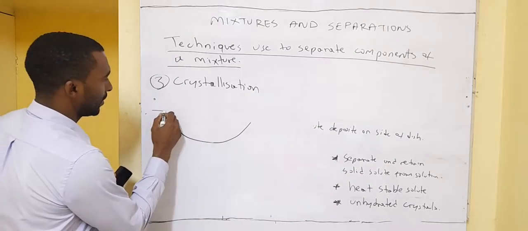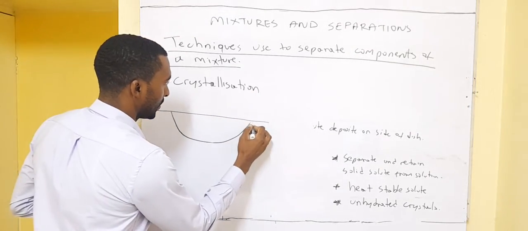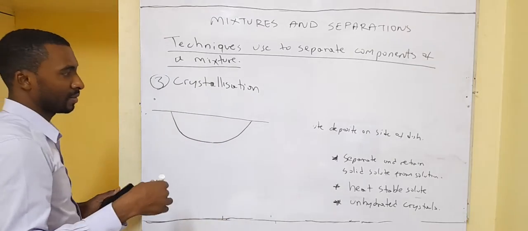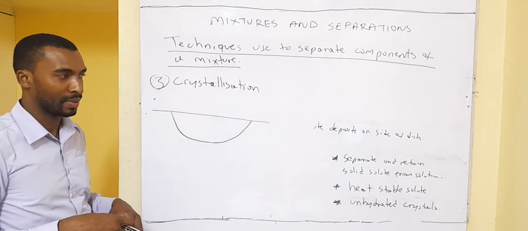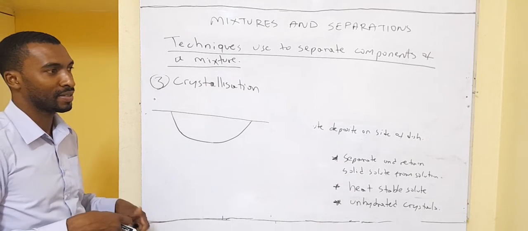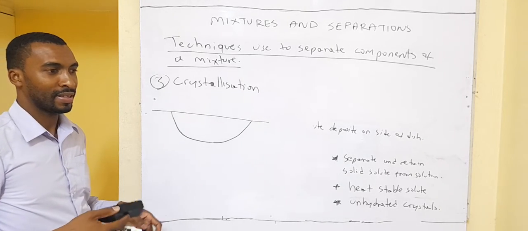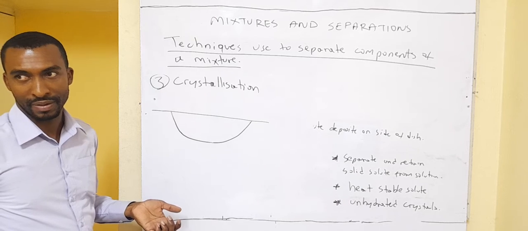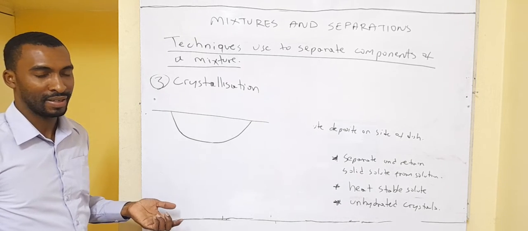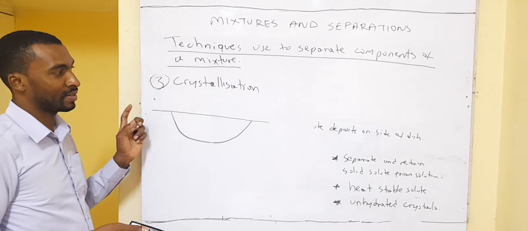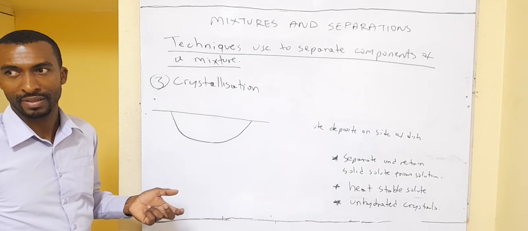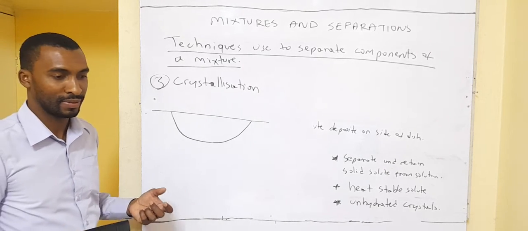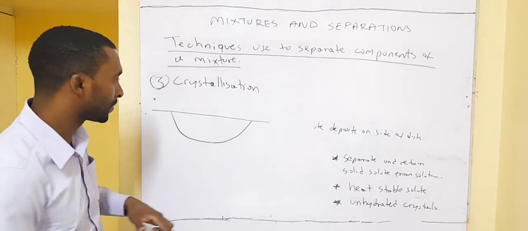Then I'll put a filter paper on top to prevent dust or any impurities from going inside. Because crystallization is a slow process, some crystals take months to form, while some will form in a day or two. In general, some crystals will take even two to three months. It varies from a day to months.